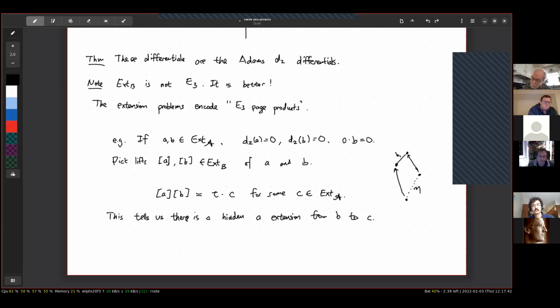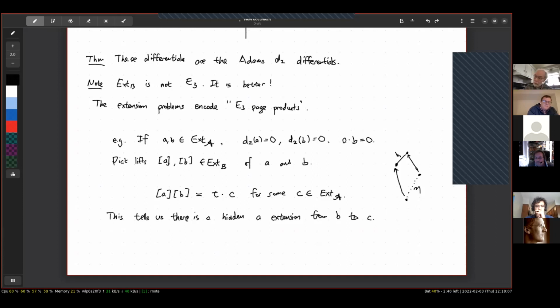And from this point of view, it's very important to be flexible. We should be able to work with things that are in the co-kernel, but they don't have to survive. Similarly, the other way around, if you work with things that are hit by differentials, like in the original example, if we work in a very classical sense of a hidden extension on the E-infinity page, then everything is 0.